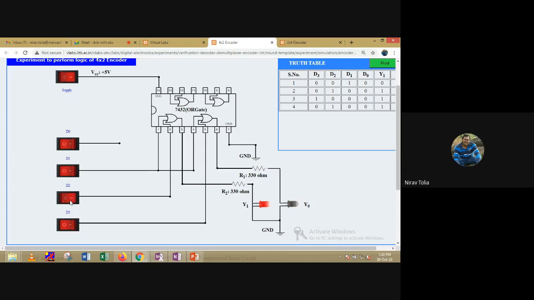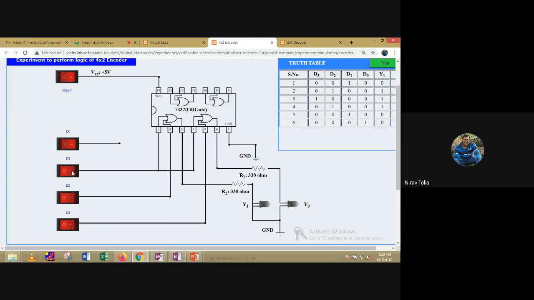But you cannot switch on two switches together. For D0, your output is 0 0.